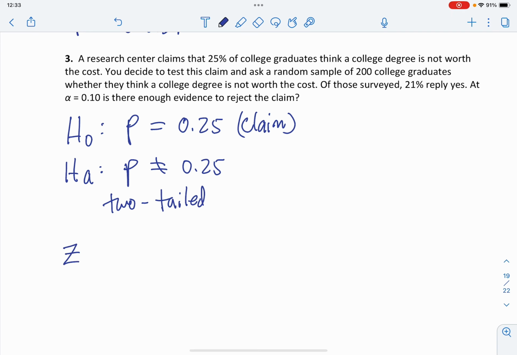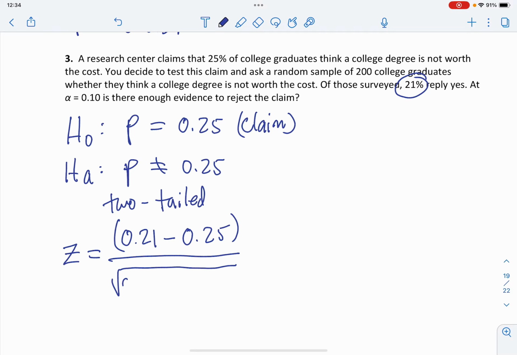Let's jump right to my Z, where p hat. So do we have a p hat? Oh yeah, there it is, 21%. So again, they gave it to us as a decimal. That was kind of them. So I would put in 0.21. And then my p, 0.25. That's the top.